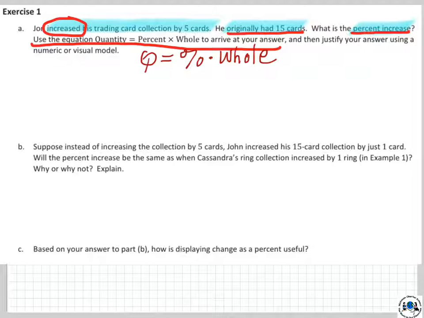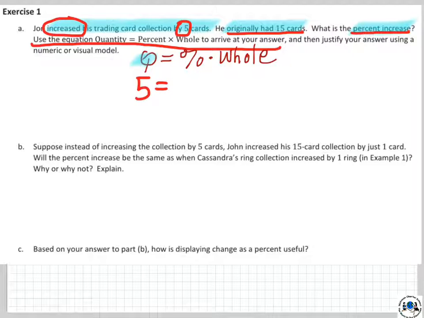We're going to look at this a little bit differently in a minute. Same idea, same end to the means, but just some extra terminology. The Q, or the quantity, is usually the amount of increase or decrease, or the new amount after the increase or decrease, and that's something we'll wrap up with.